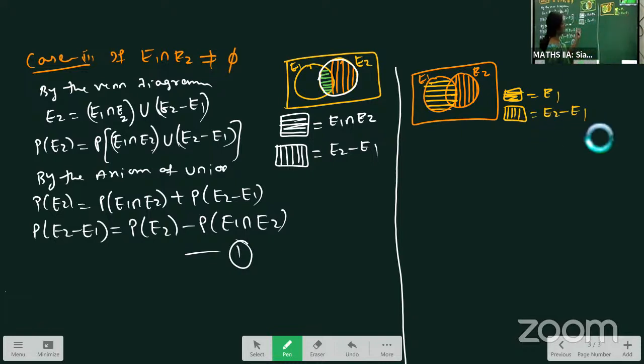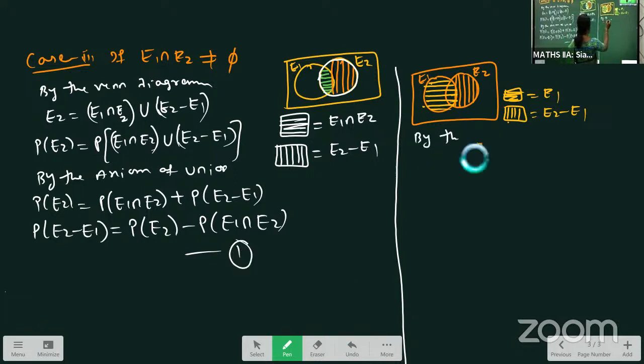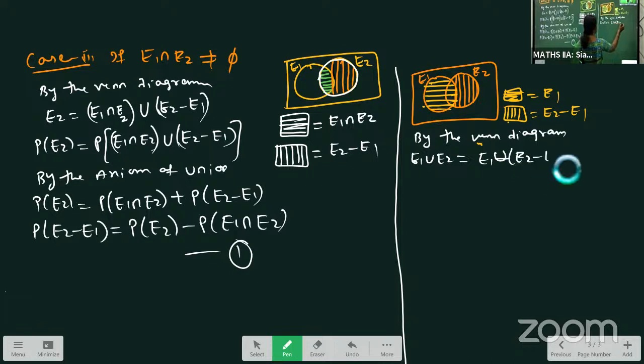Again, take the union of both shades. Horizontal line and vertical line union, from here to here, is called what? E1 and E2 together. Therefore, here what do we have to write? By the Venn diagram, E1 union E2 can be written as E1 union E2 minus E1.